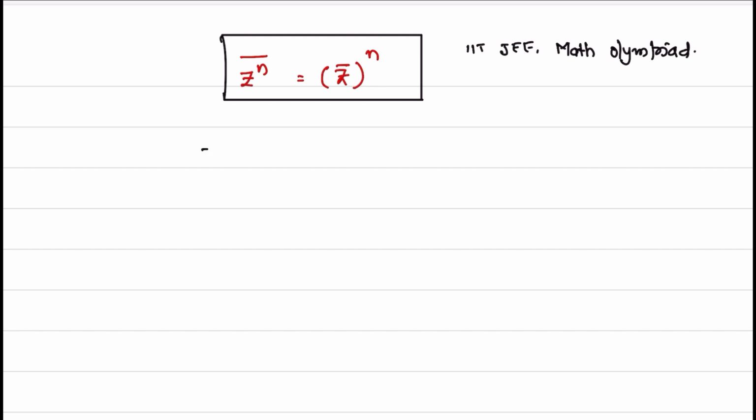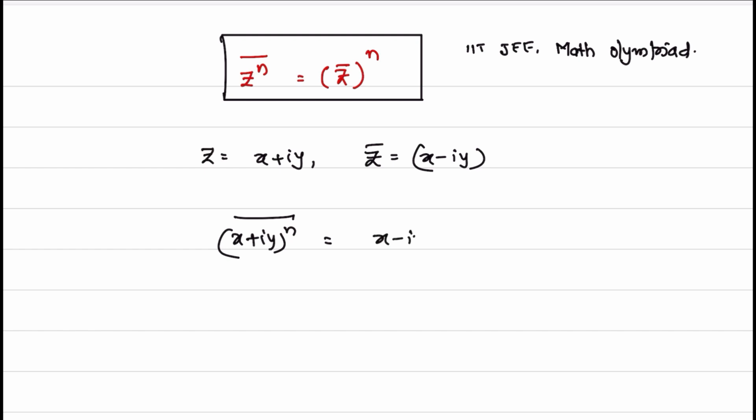Z is equal to x plus iy, z bar is equal to x minus iy. That means x plus iy to the power of n conjugate is equal to x minus iy to the power of n.